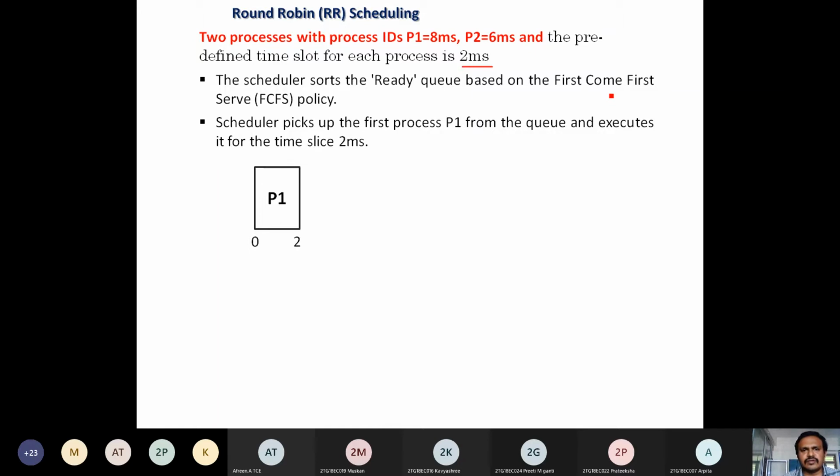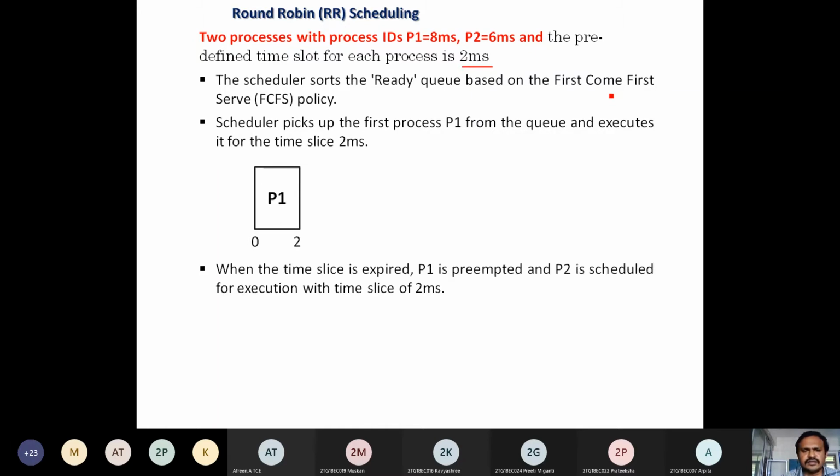After that, once again, it is round robin: an equal time slot for each and every process. When the time slice expires, P1 is preempted and P2 is scheduled.